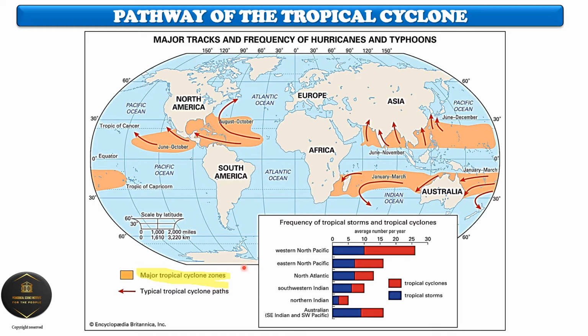Your tropical cyclones will form there. So if you look at this, your arrows are showing you the pathways in which they will travel. So they will form in those particular regions, right?